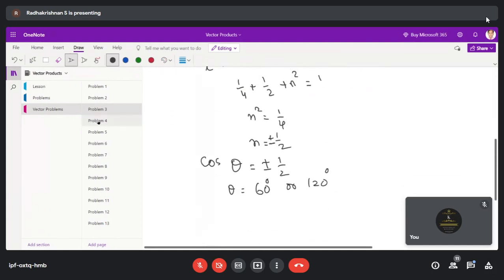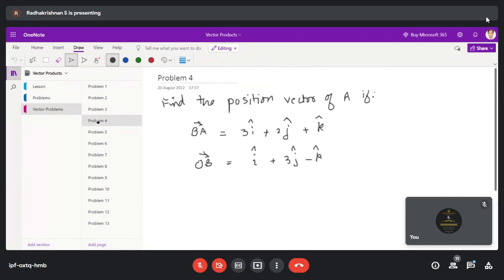Sure. Let's go to the next problem. Find the position vector of A if BA is 3i plus 2j plus k and OB is i plus 3j minus k. So we want to find out OA, right?